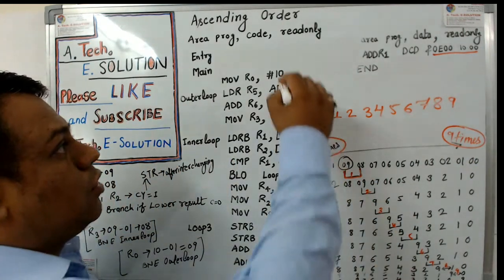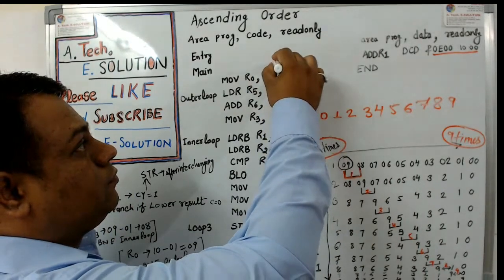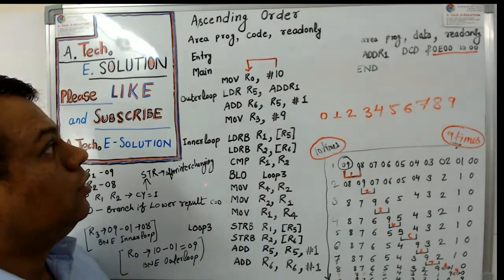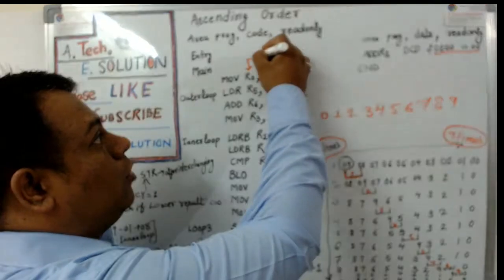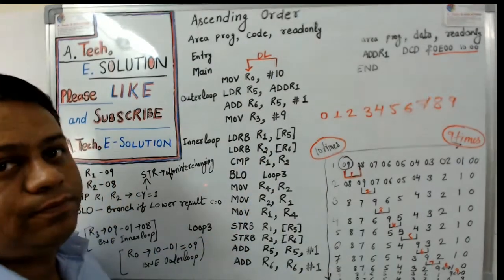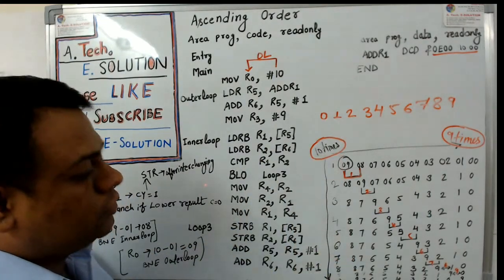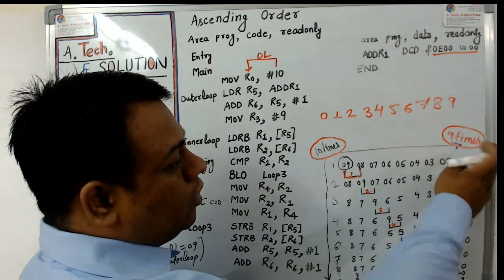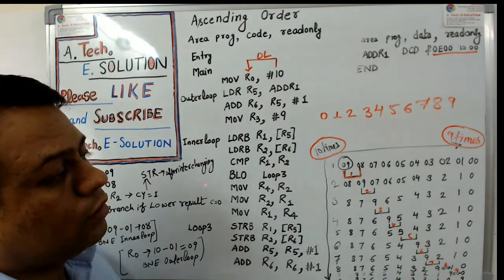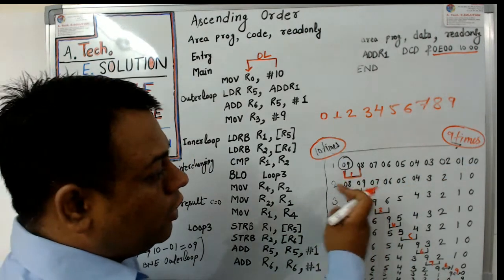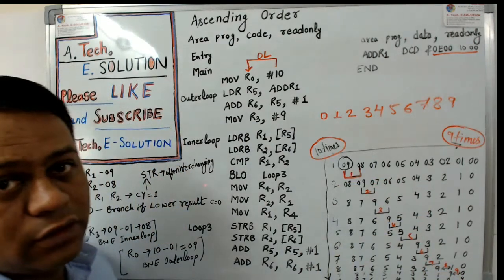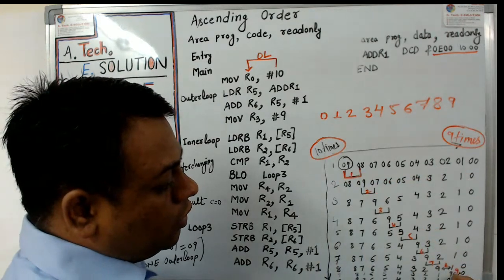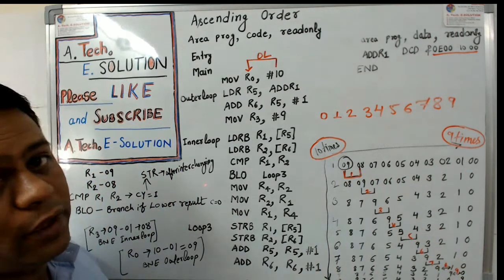The first counter is placed right here in the R0 register, which is used for the outer loop, which counts these 10 values, and this 9 number counter is used for intercomparison of the 10 numbers. If we compare these 10 numbers, we have to compare them 9 times.